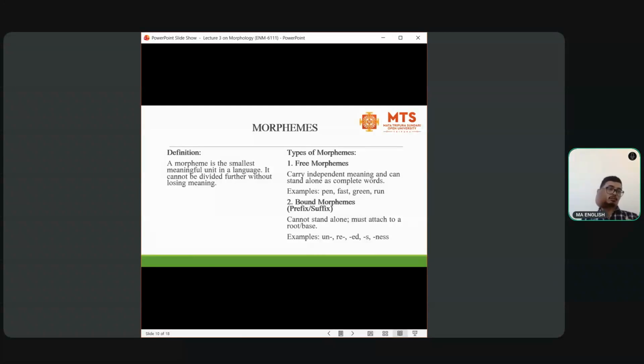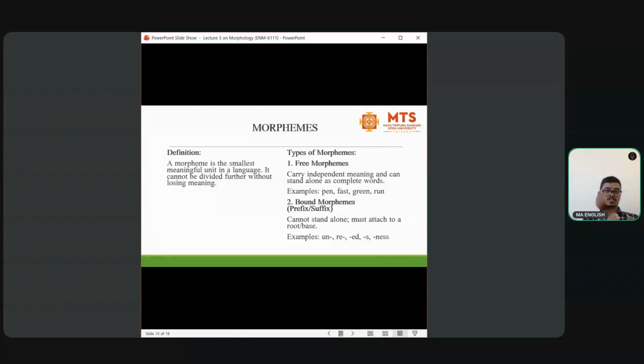Now morphemes come in two types. First is free morphemes. These morphemes can stand alone as words. Look at pen, fast, green, run, you, he, she, do. These free morphemes can stand independently.